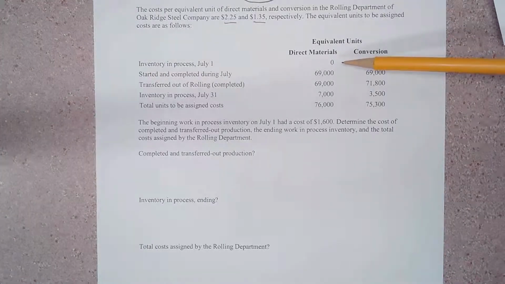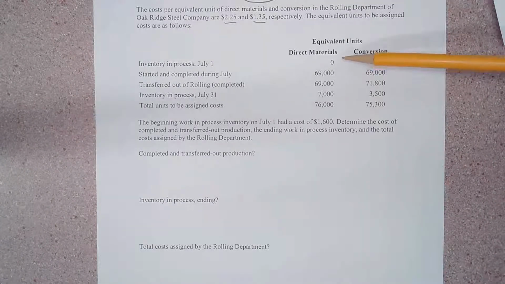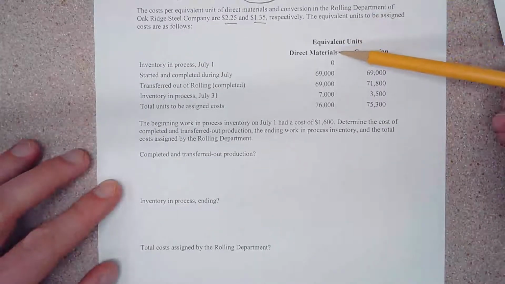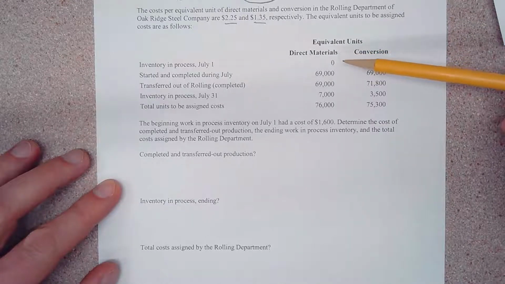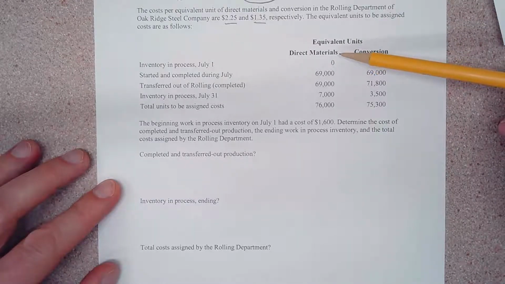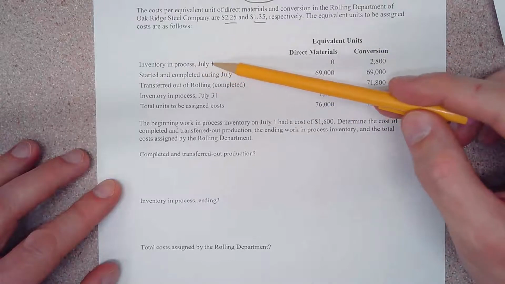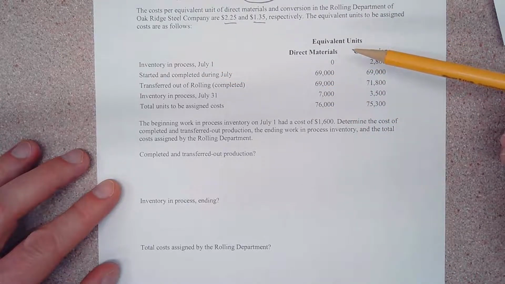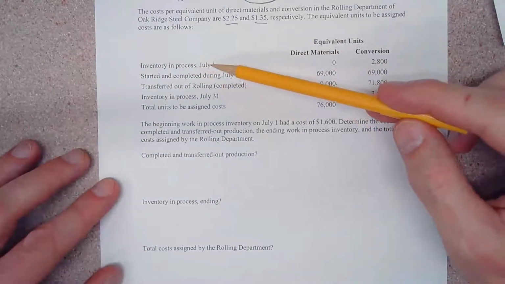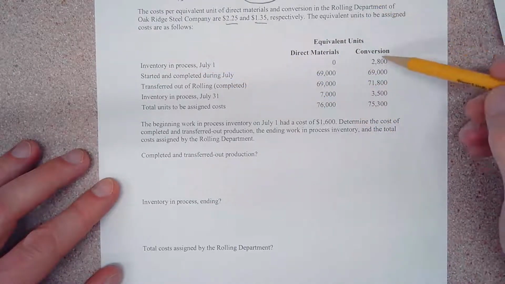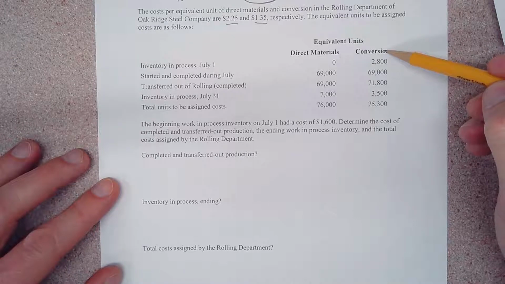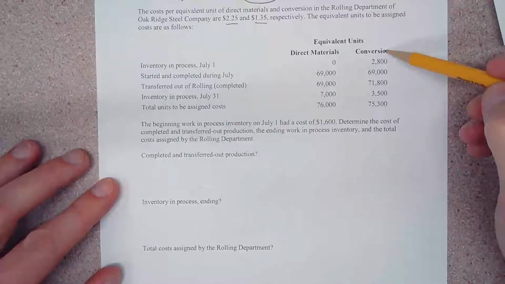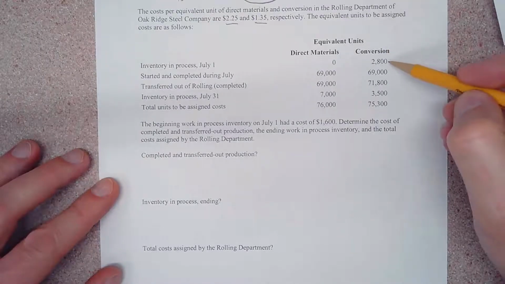So even if an item is not fully complete, in the examples that you're going to get in this class, they will always be complete as to materials. So inventory and process on July 1st as to direct materials is 0. However, inventory and process on July 1st, conversion costs, review what conversion costs are, 2,800 units.